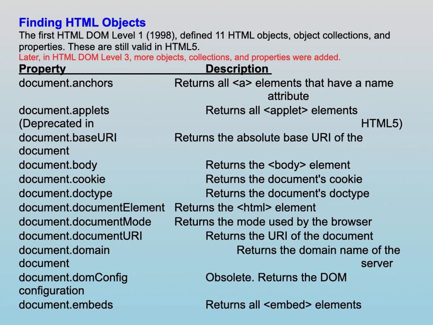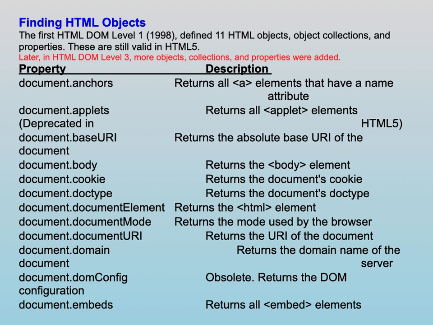Document.doctype retains the document's doctype. Document.documentElement retains the HTML element. Document.documentMode retains the mode used by the browser. Document.documentURI retains the URI of the document. Document.domain retains the domain name of the document. Document.domConfig, now obsolete, retained the DOM configuration. Now it is not working. The domConfig property is not available with new web browsers. Document.embeds retains all embed elements.